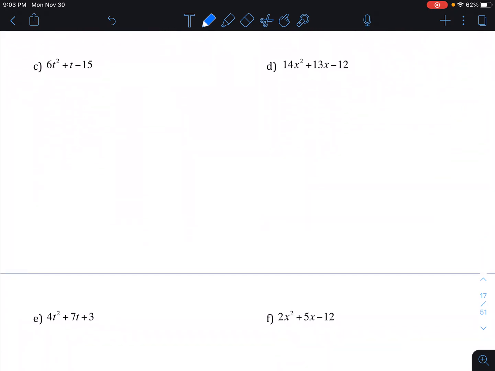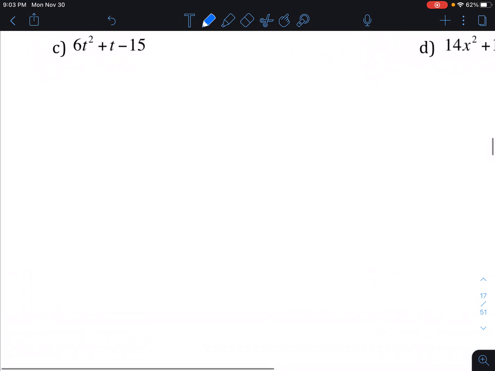Okay, let's try another one, letter C. A times C on the side, 6 times -15 will be -90. Now, there's a lot of factors of -90.